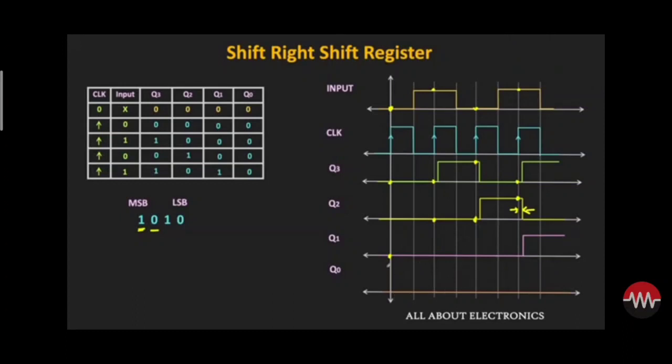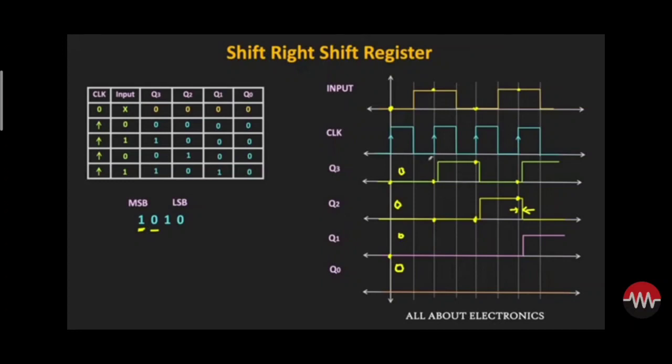And likewise, we can also see this Q0 waveform. So as you can see, at every clock edge, since the Q1 output is equal to 0, this Q0 will remain 0 up to the 4 clock edges. So just after the first clock edge, if you see the outputs of this Q3, Q2, Q1 and Q0, then they are 0, 0, 0, 0.